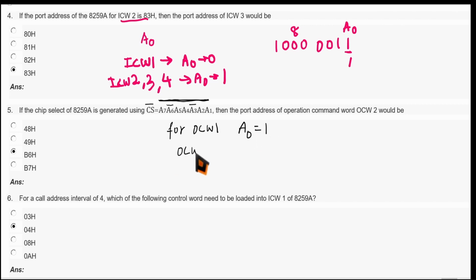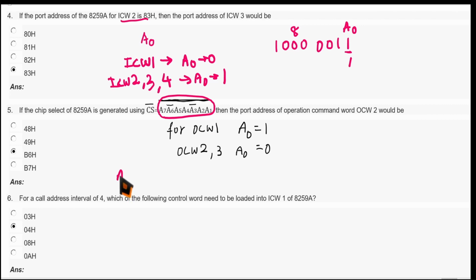For OCW2 and 3, A0 will be equal to 0. A chip select signal should always provide 0. So this overall value should be 0. It indicates that this one should be 1.